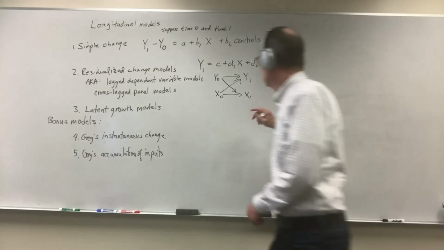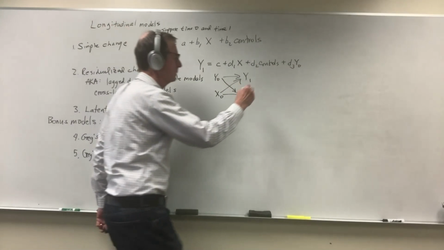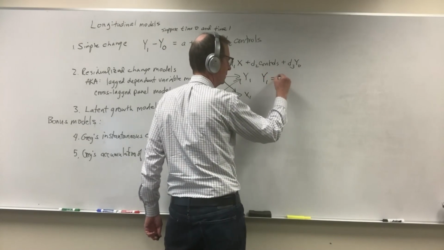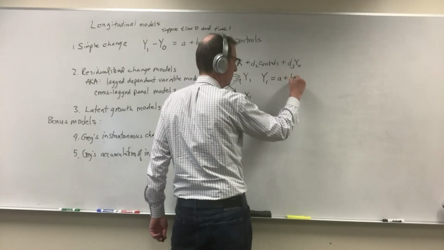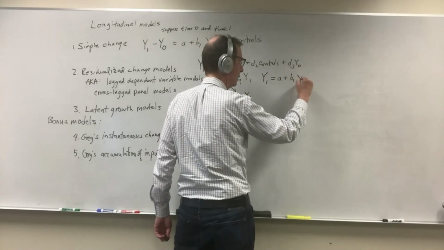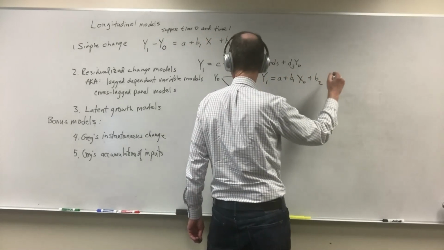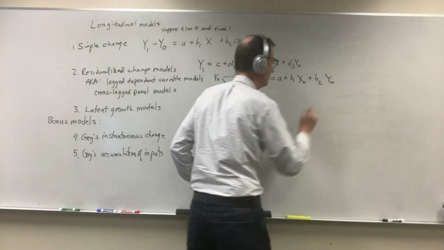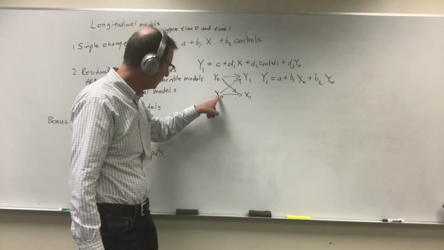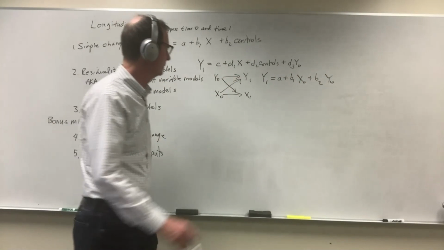So y1 has arrows running to it, and the equation is y1 equals a plus b1 x0 plus b2 y0. y1 is a function of x0 plus y0.